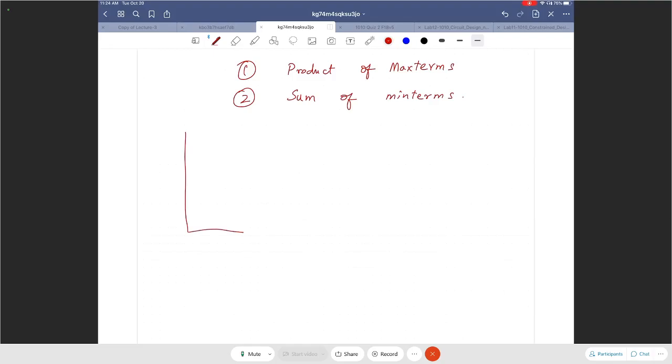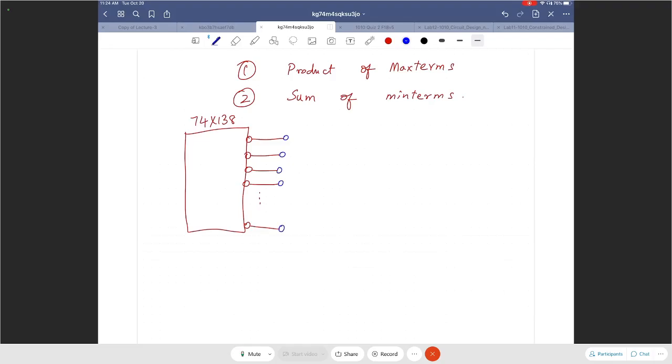So if you have this 74x138 chip with max terms coming out, you would have to first convert them into min terms. Meaning you would have to add a bubble again.